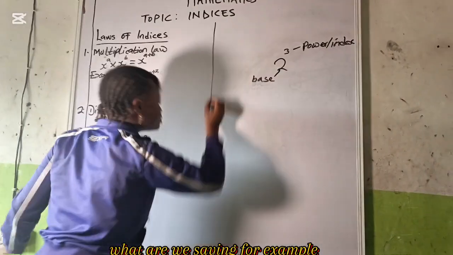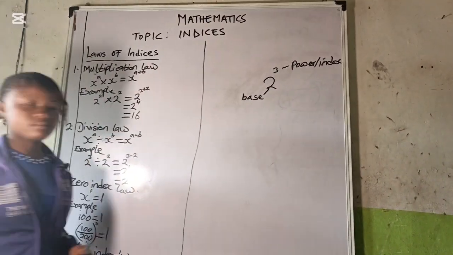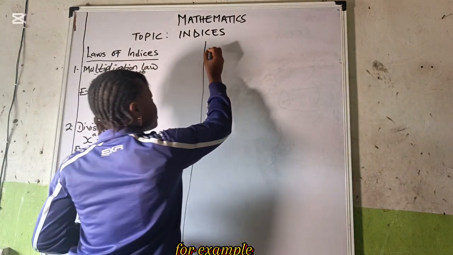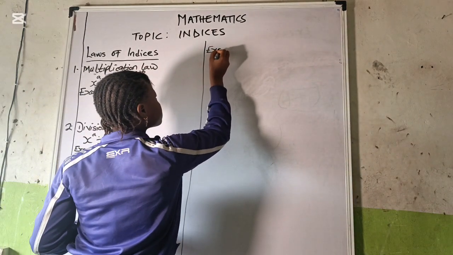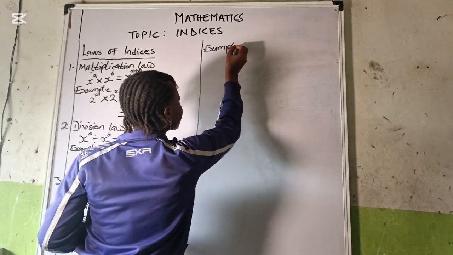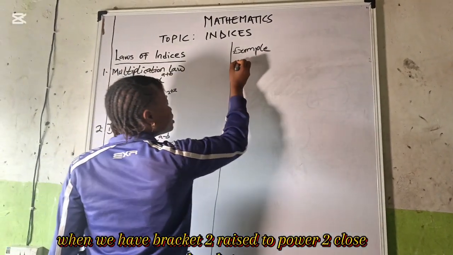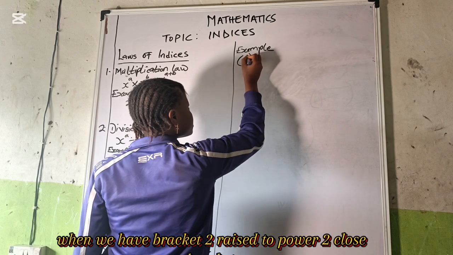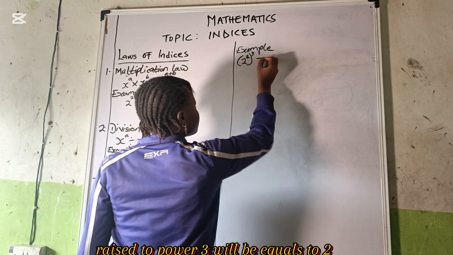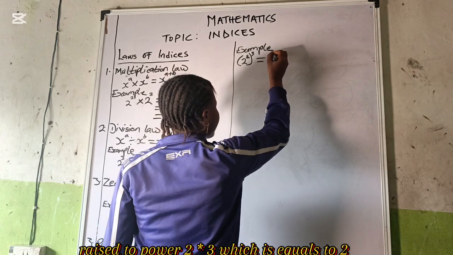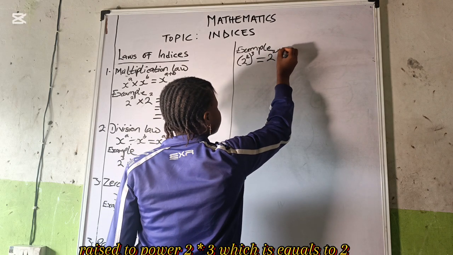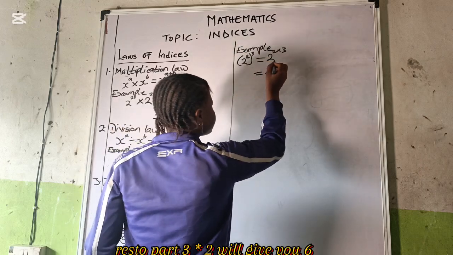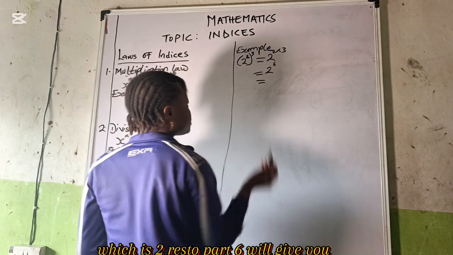For example, when we have (2 raised to power 2) raised to power 3, it will be equal to 2 raised to power 2 times 3, which is 2 raised to power 6.